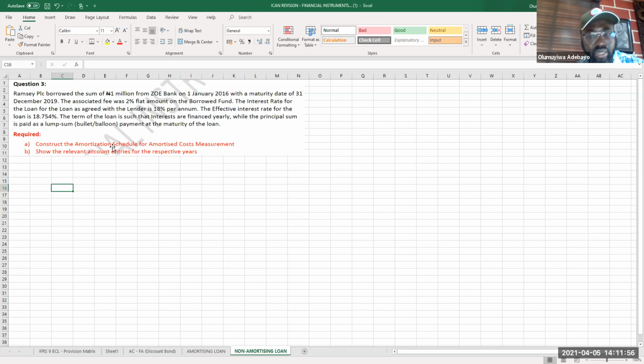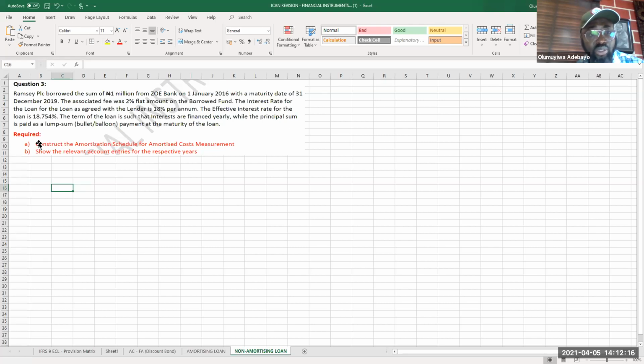18.754%, which we can equally determine ourselves. I don't do that in this case. The term of the loan is such that interests are financed yearly, while principal sum is paid as a lump sum, otherwise known as bullet or balloon payment, at the maturity of the loan.